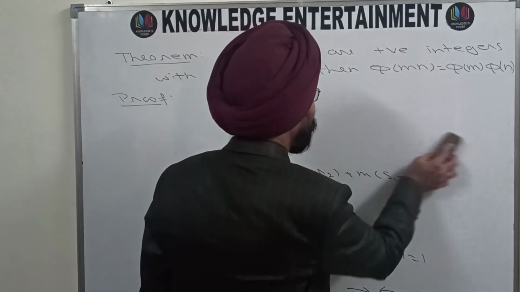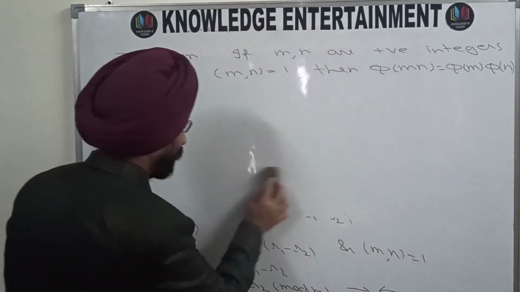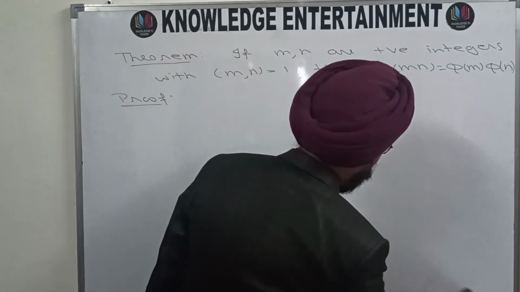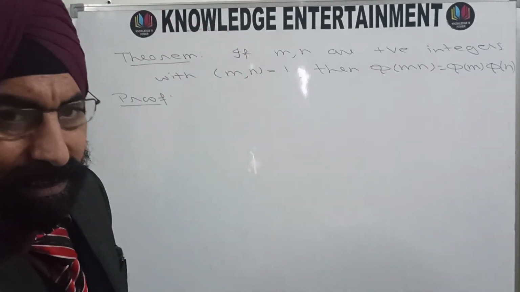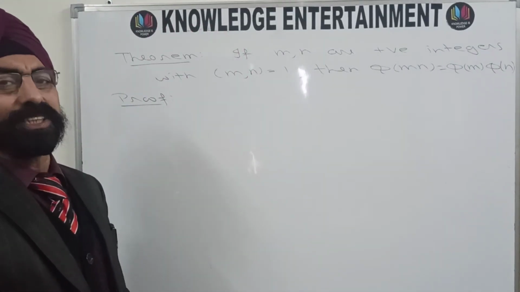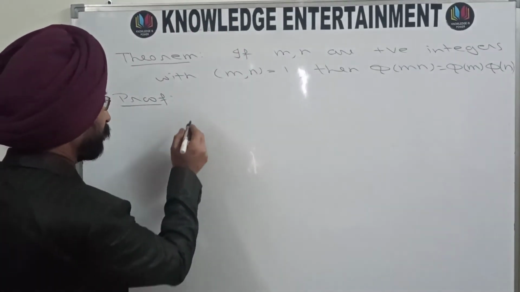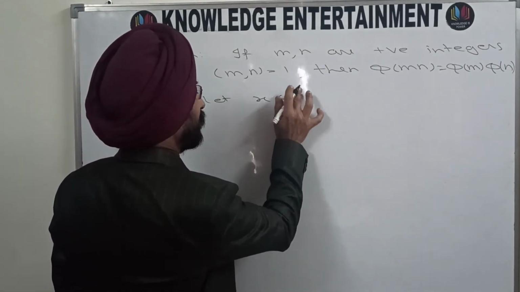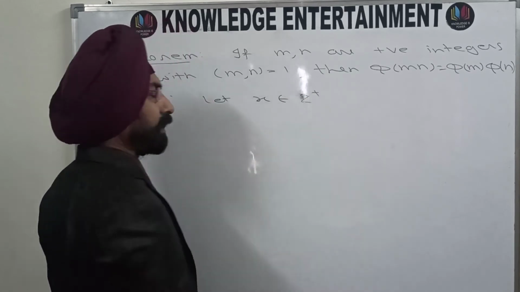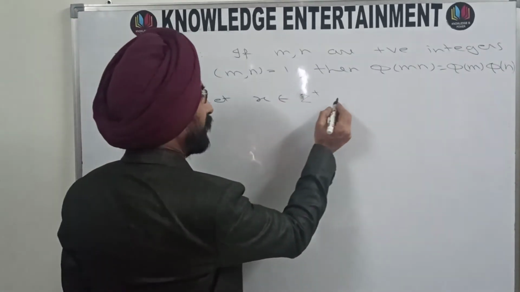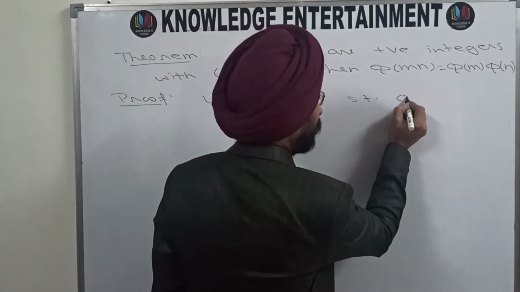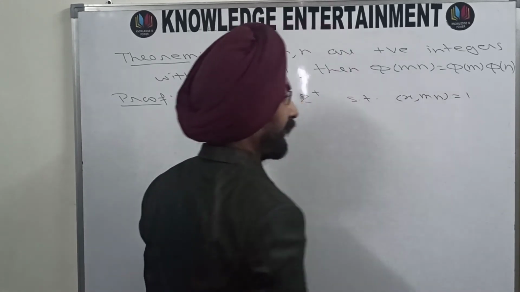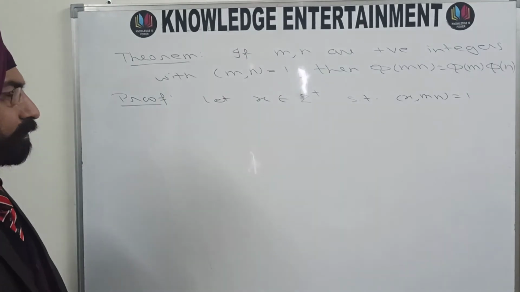That means if x is any positive integer such that x is co-prime to mn, then there is a member in the set T which is congruent to x modulo mn. Let x be any positive integer.